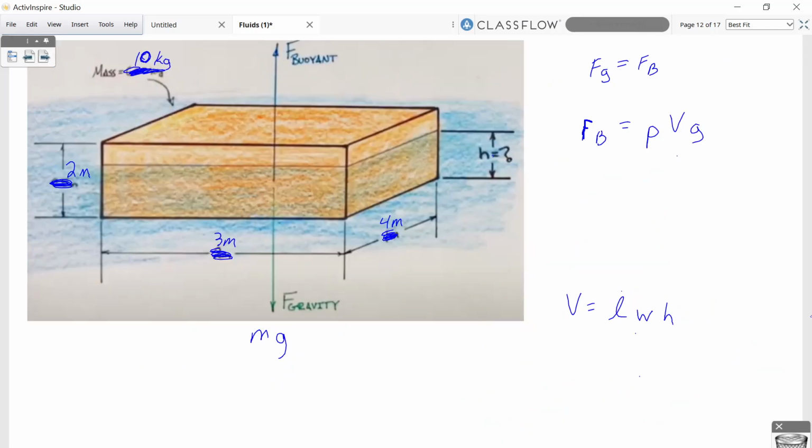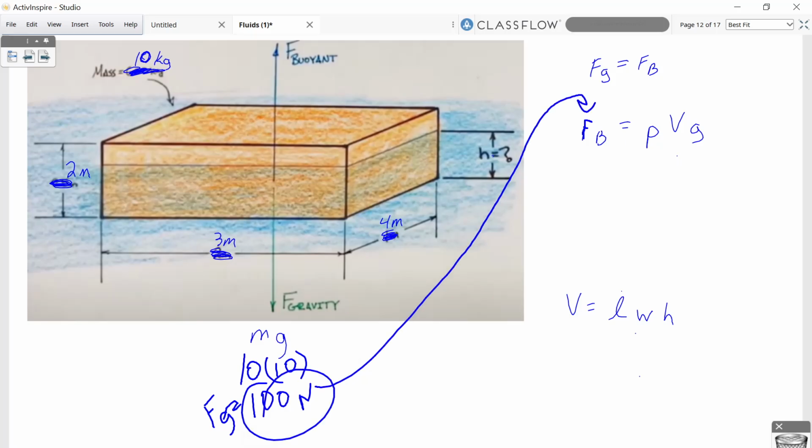Okay. So here we have our mass, gravity, and we have our force of gravity, which is also our buoyant force, right? So I'm going to plug this in here. Rho, which is the density of water. We're trying to figure out the volume, and we know gravity, right? So very simple.